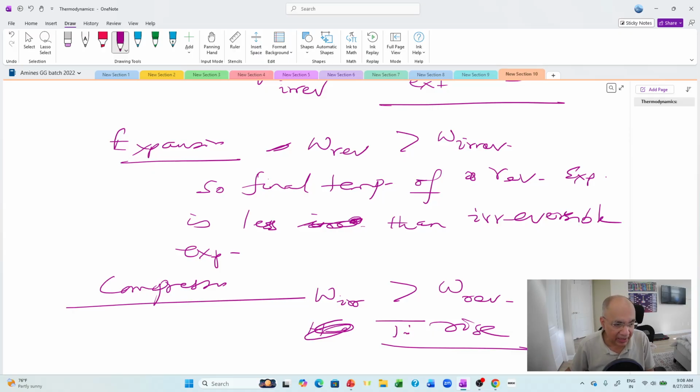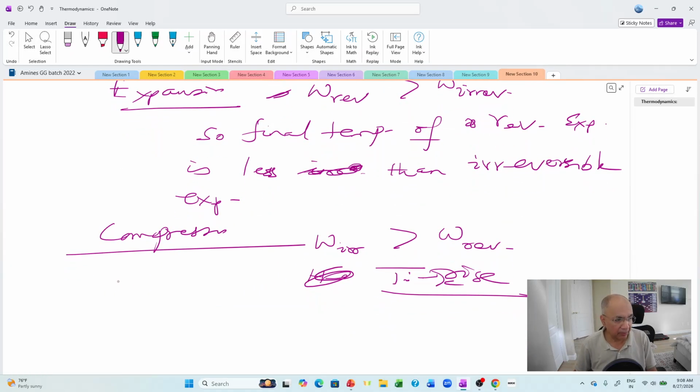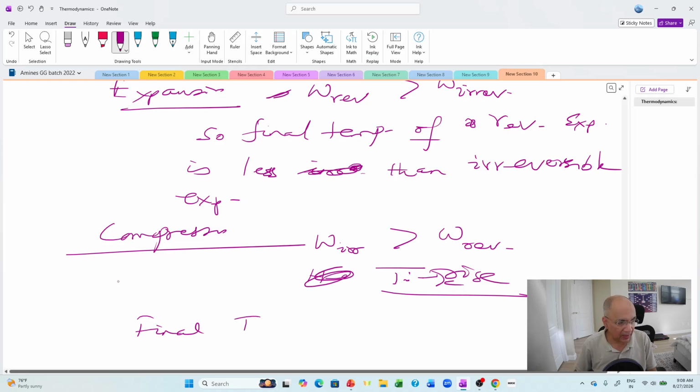So T will rise. But tell me whose temperature will be rising? In both the cases, temperature will rise in compression. But the final temperature of the irreversible process will be more than the reversible process. Just the opposite.